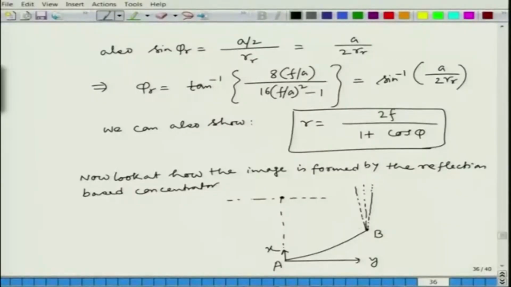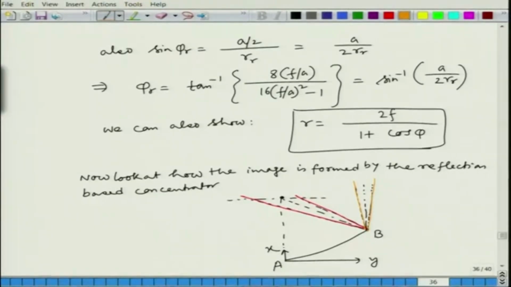Okay, and that cone when gets reflected, it will maintain that conical form, right. So, what will it do? So, let us say this is the reflected cone and this is the incident cone.